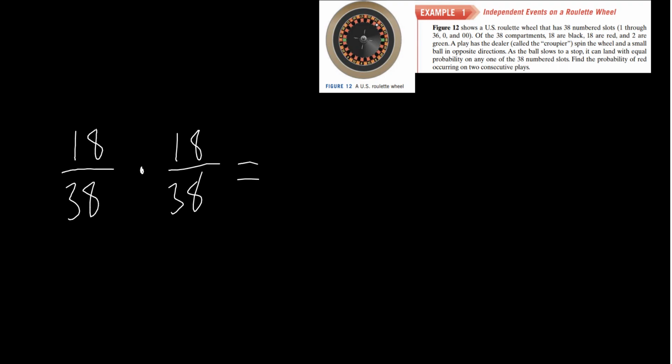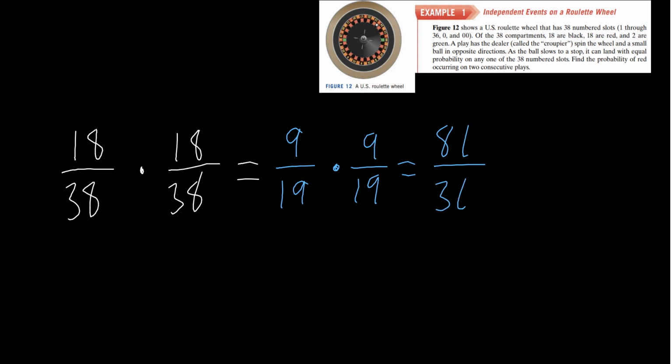We can reduce this to 9 over 19 times 9 over 19, and we get 81 over 361. 81 divided by 361 gives a 22.4% chance that this happens, 0.224.